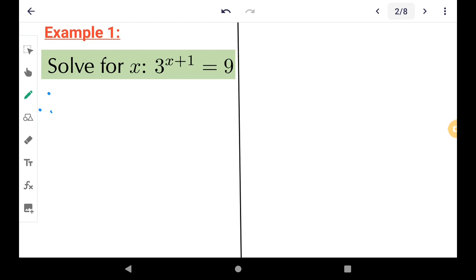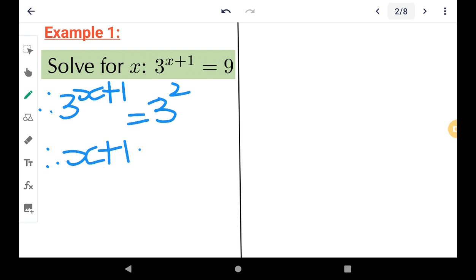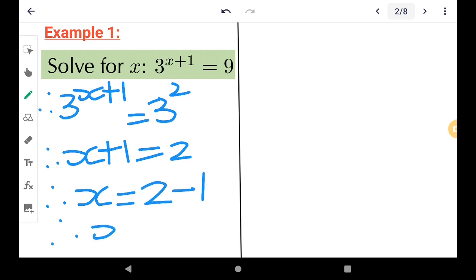So that gives you 3 to the power of x plus 1 equals 3 squared, and we express 9 as 3 to the power of 2. Now you've got powers of the same base equal, you can equate the exponents. Therefore x plus 1 equals 2, and you now solve as you would any other equation. Therefore x equals 1, and that's a solution there.